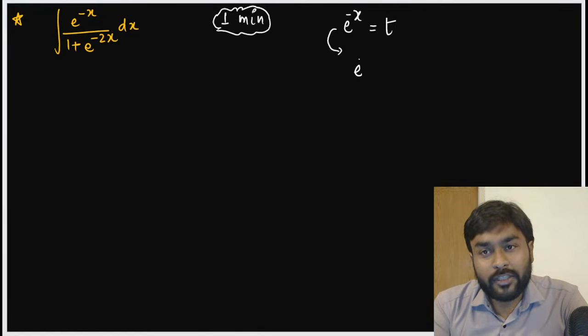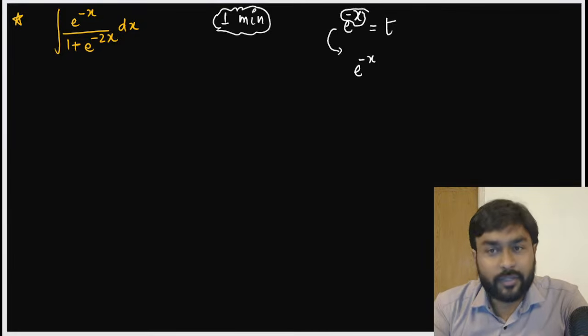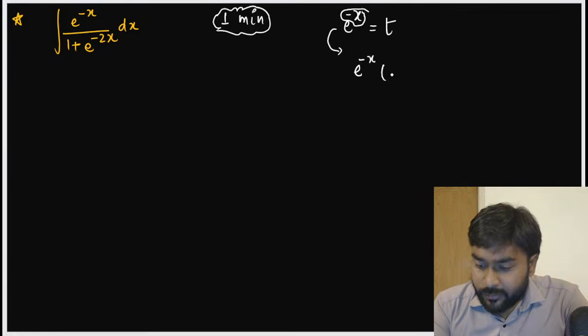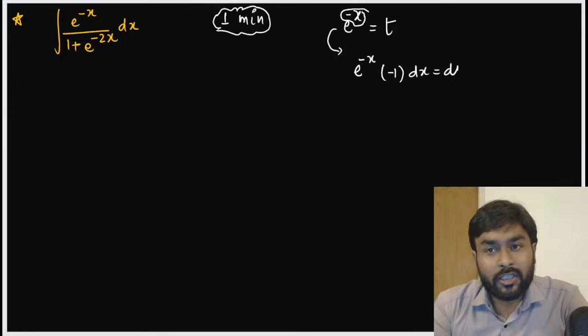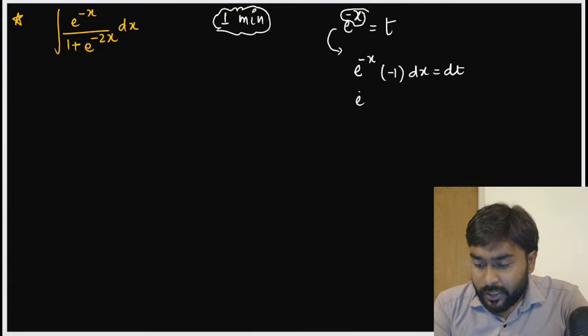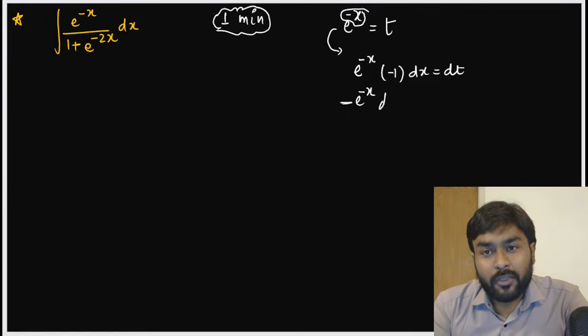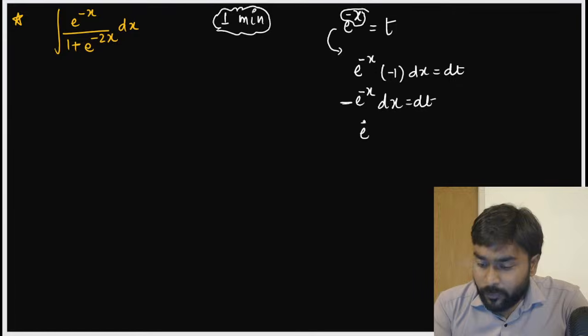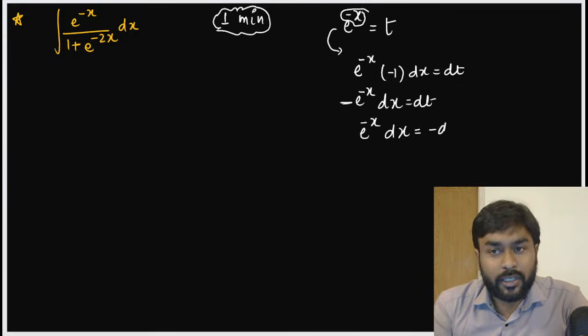The chain rule says first we differentiate this function, then we differentiate minus x, which gives minus 1. So the differentiation gives e power minus x, with the minus written outside, and dx becomes dt. So e power minus x dx will be minus dt, correct?